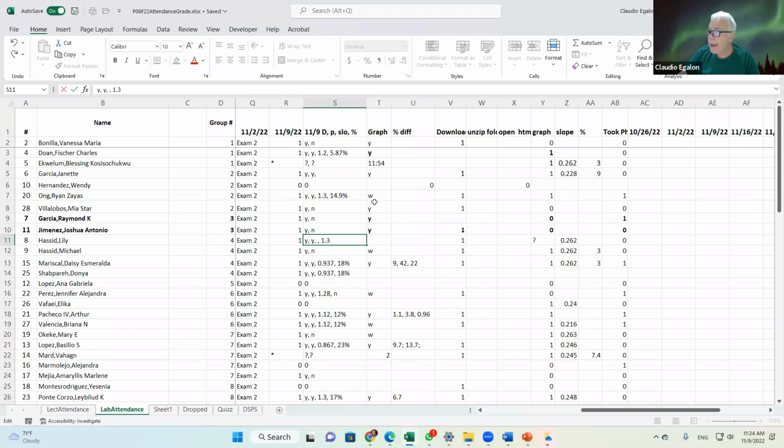No, the slope. It's 13%, not 1.3. Okay, good. What's the slope that you got, please, Lily? Oh, still doing it? Okay, I'll get back to you once you have it. Let me know.